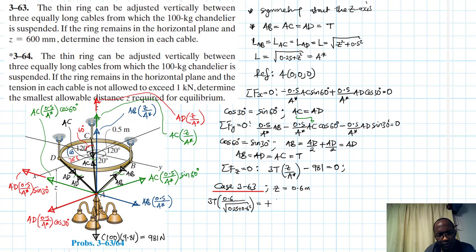So this is equal to 981. Therefore AB, which is equal to AC, which is equal to AD, which is equal to T, is finally equal to 425.66 newtons.